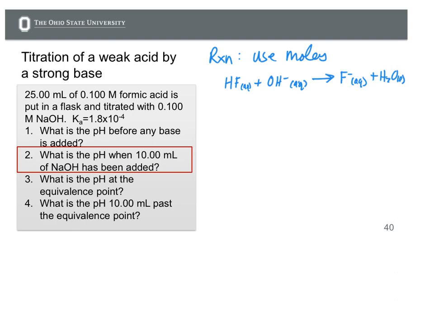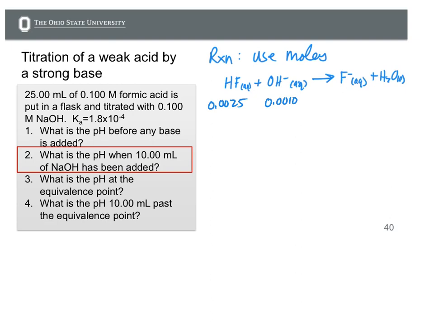Okay. So we need to find the moles. We start with 25 mLs of 0.1 molar formic acid, multiply the molarity by the volume, and we'll get 0.0025 moles of HF. And we're adding 10 milliliters of 0.1 molar sodium hydroxide. So we're going to have 0.0010 moles of OH minus.